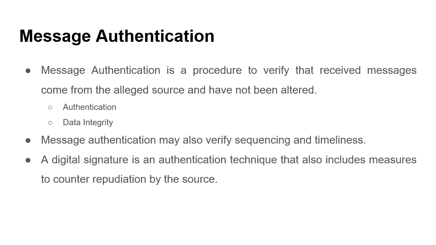So we ensure authentication as well as data integrity. Data integrity means it has not been altered by a third person: no insertion of messages, no content modification, no sequence modification.